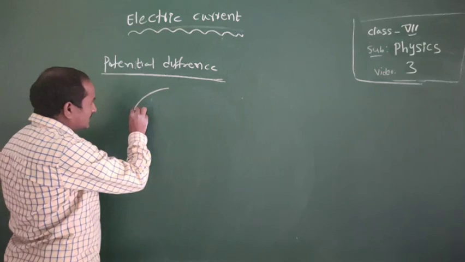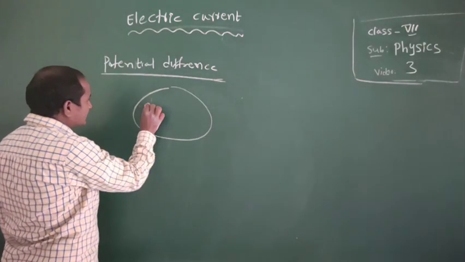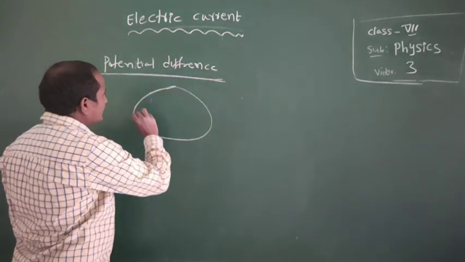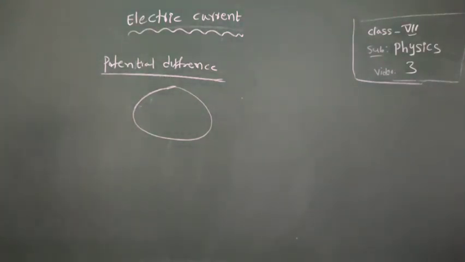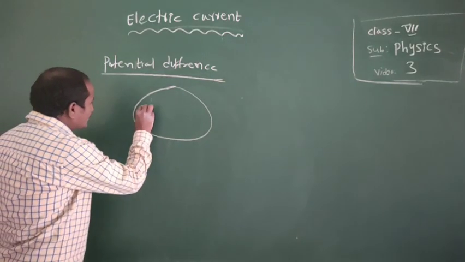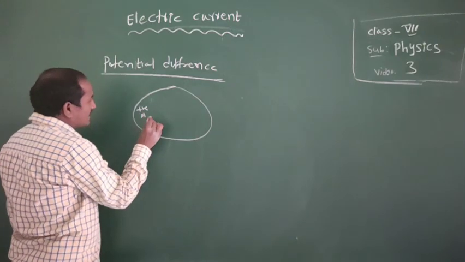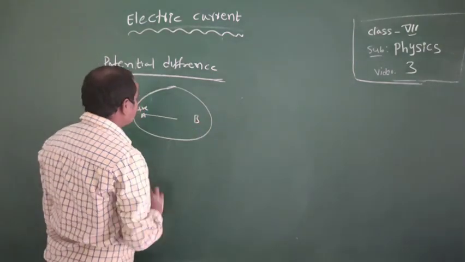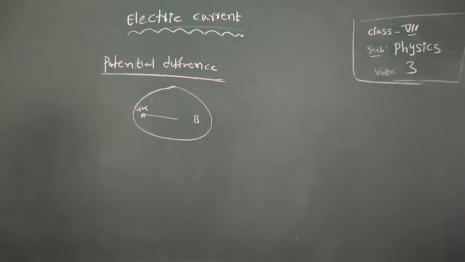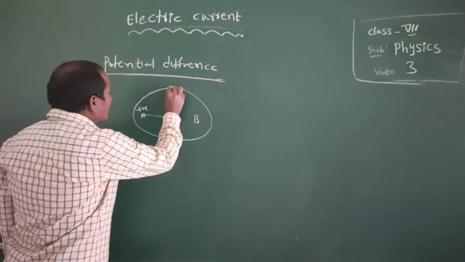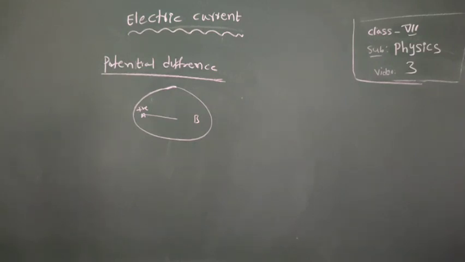For example, it is an electric field. Now the unit positive charge moving from, for example, A point to B point in the electric field, the amount of work is given. One unit positive charge moving from one point to another point, that is called a potential difference.